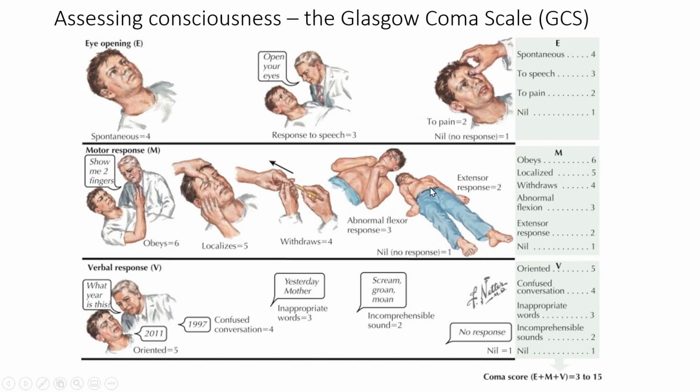This extensor posturing suggests that there is very serious damage quite high up along the central nervous system. Relating to verbal responses, the best verbal response is that they are oriented to time and place, whilst the worst is that they don't make any response at all.